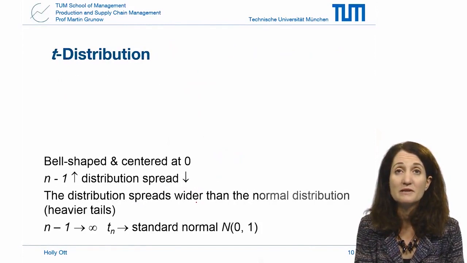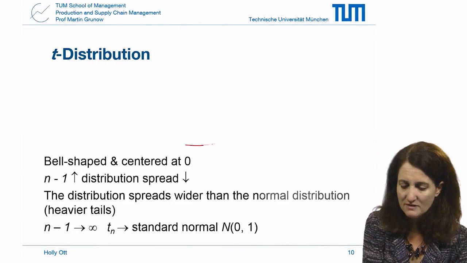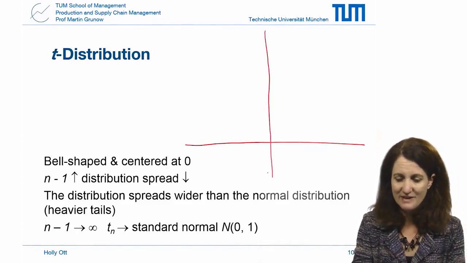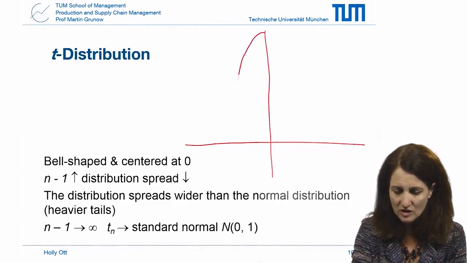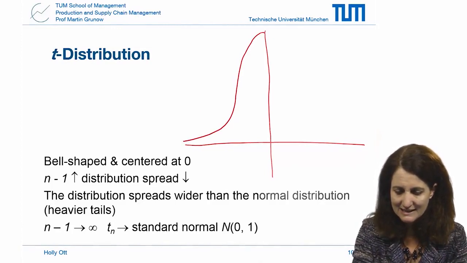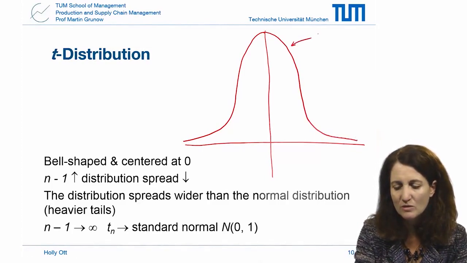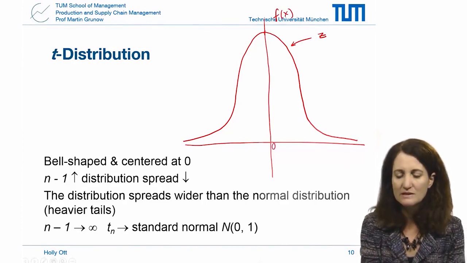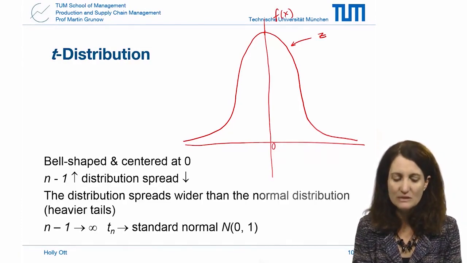Now, what does this look like? I'm going to try and draw, this is the artist's rendition of the t distribution. Please look this up for a more exact picture yourselves. If I draw a z distribution, our friendly old z distribution, this is a probability density function centered around 0, with a standard deviation equal to 1.